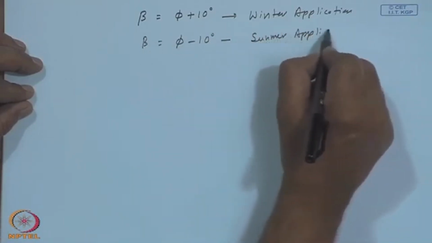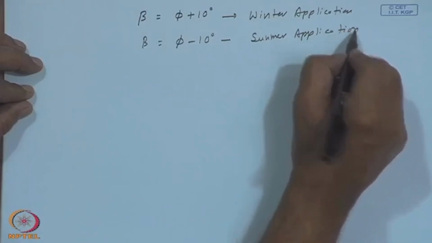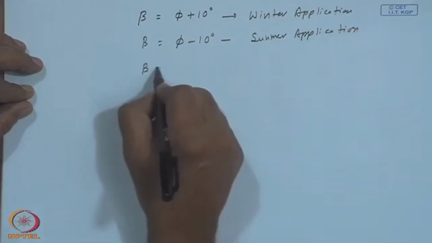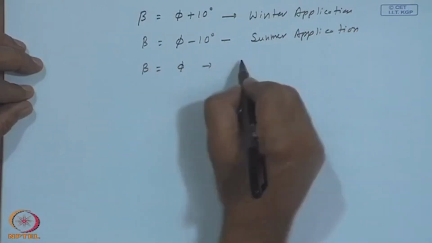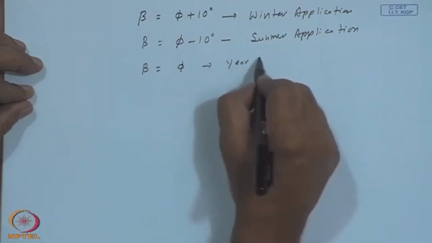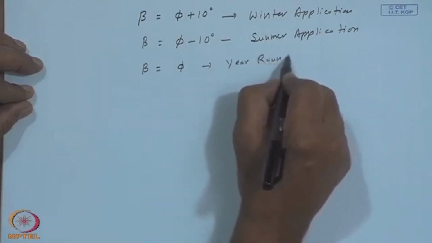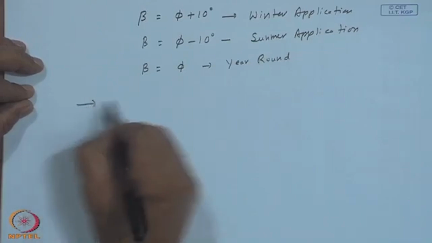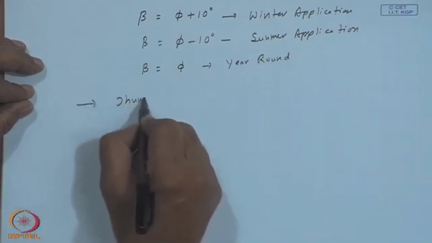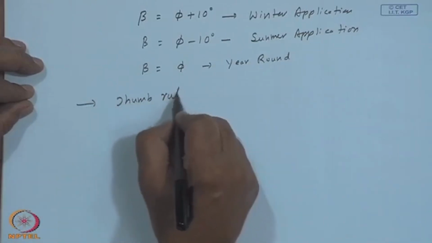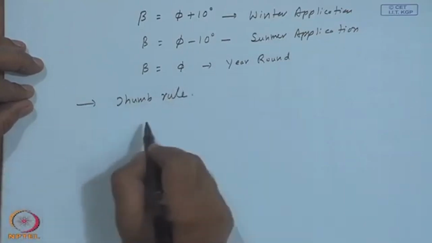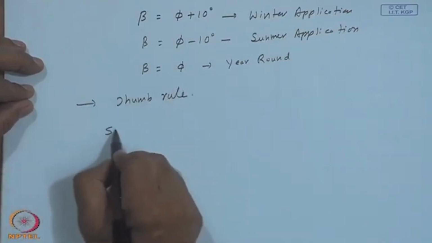So, we make an engineering guess that beta is equal to phi for year round. So, this is some sort of a thumb rule. So, winter applications I may have space heating.